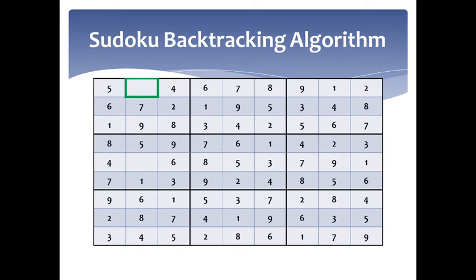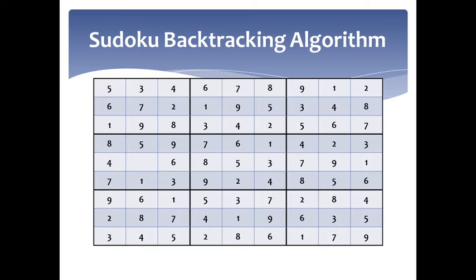First, we find an empty cell, then try the values from 1 to 9, starting with 1, and we see that the trial value 1 does not satisfy some of the rules, so we try the next value 2. The trial value 2 does not satisfy some of the rules, and so we try the next value 3. And now we see that the trial value 3 satisfies all of the rules, and so we consider this as a candidate to the solutions.